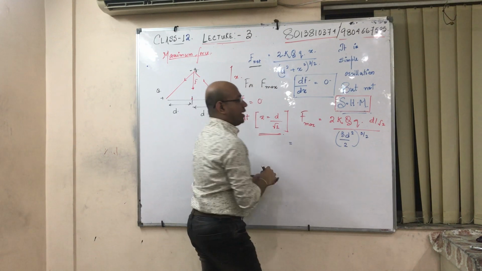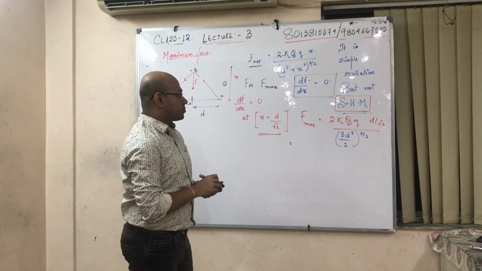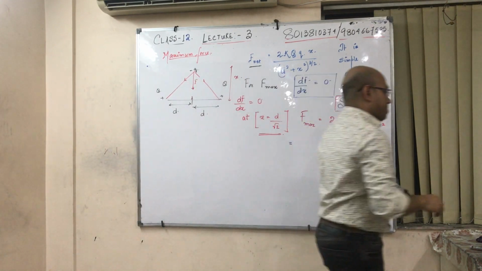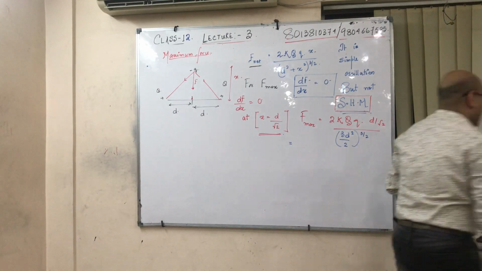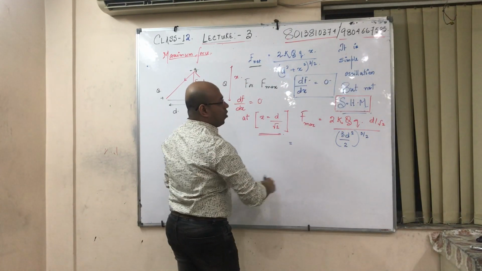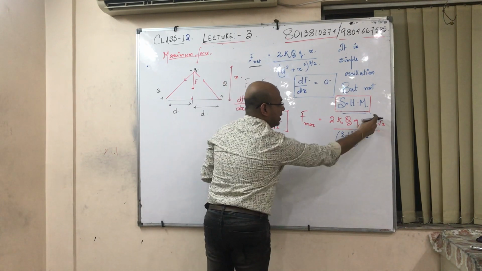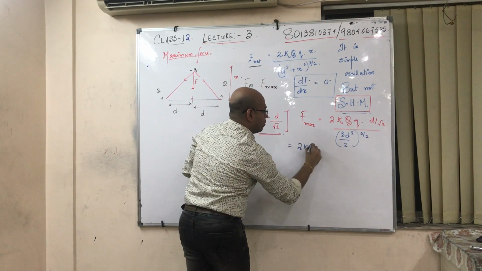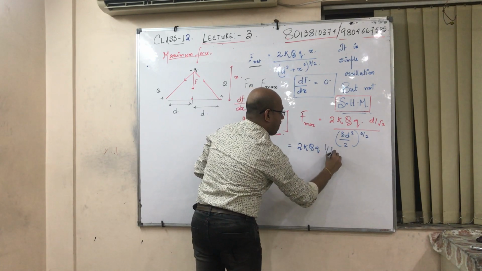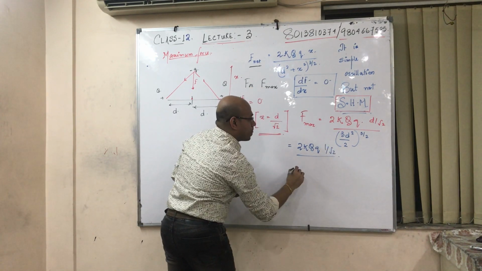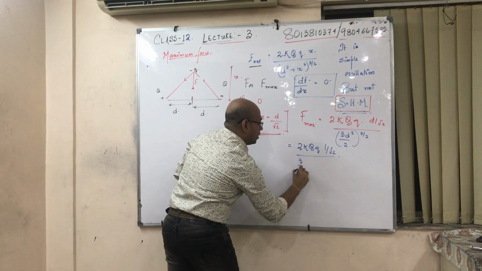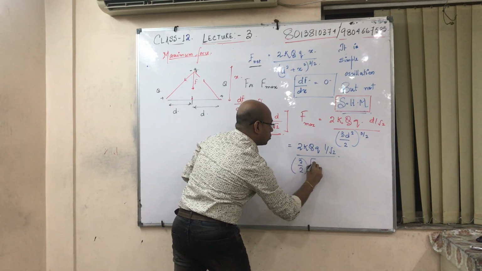Okay, let me write it in a different format. How do I write it? Check this thing out. 3 by 2, root over 3 by 2.